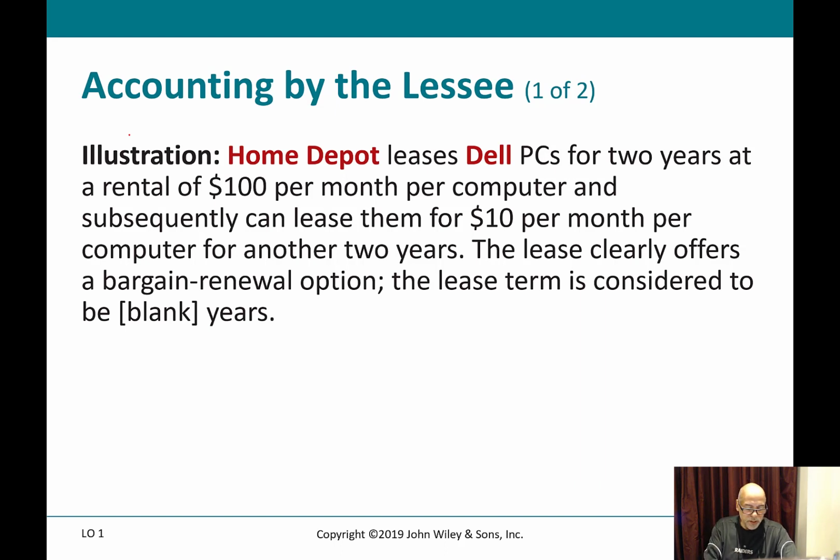And the question says, what is the number of years? Blank years. That's 4 years. The first 2 years plus the $10 would constitute a bargain renewal option, and so we would assume that we're going to go ahead and take that, and we would put the lease term to be 4 years in that case.